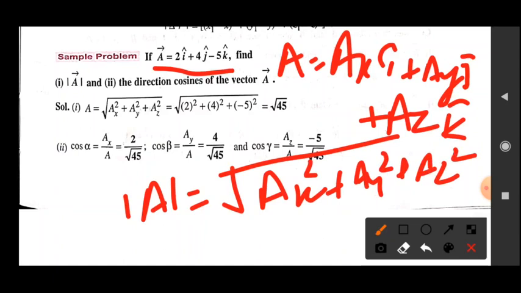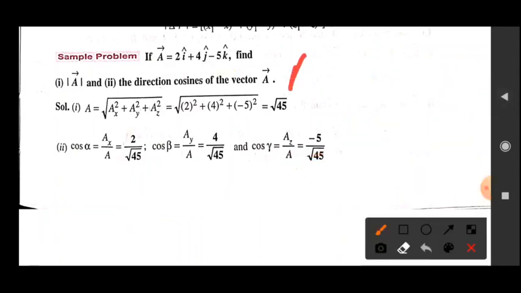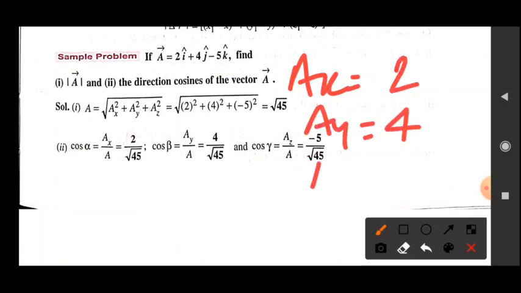Now let's compare our equation with this one so we can find the values of ax, ay and az. Comparing, ax has value 2, ay has value 4, and az has value minus 5.